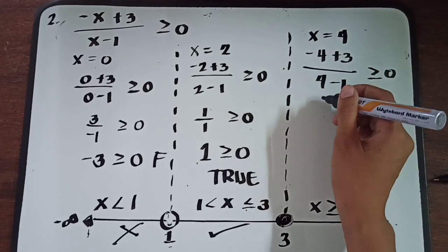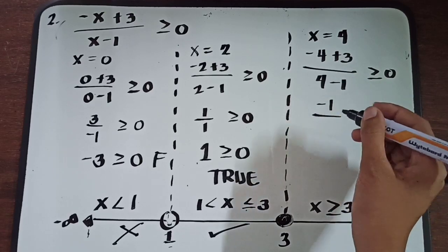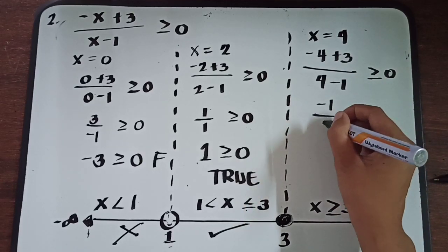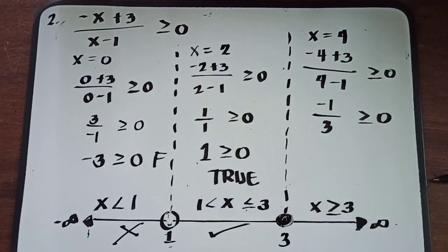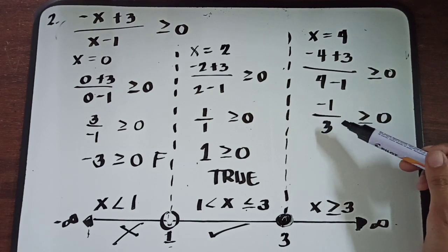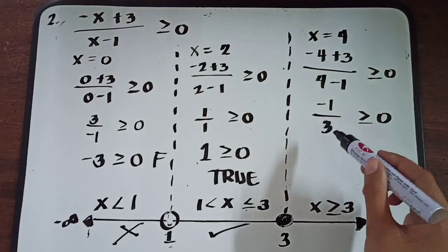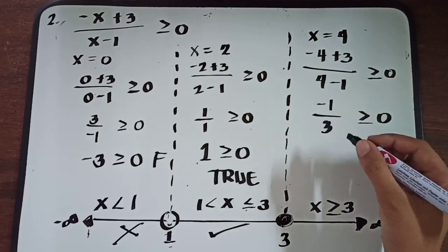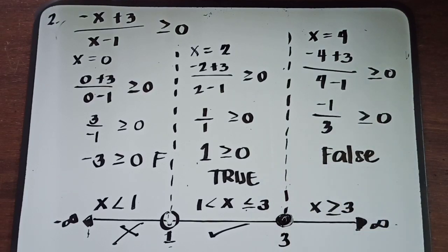And negative 4 plus 3 is negative 1 over 4 minus 1 is equal to 3, which is greater than or equal to 0. Again, katulad na sinabi ko kanina, mas mababa po ang negative kaysa sa 0. So, ibig sabihin, this negative 1 over 3 is greater than or equal to 0 is a false statement. This only means that this is not part of the solution set.